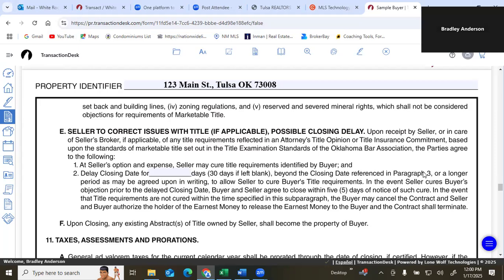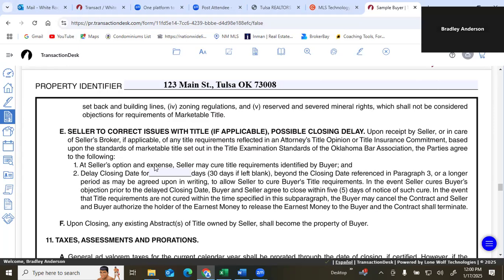So then it goes on to say, paragraph 10E, seller to correct issues with title, if applicable, and there might be a delay in closing. Upon receipt by seller or in care of seller's broker, if applicable, of any title requirements reflected in an attorney's title opinion or title insurance commitment based upon the standards of marketable title set out in the title examination standards of the Oklahoma Bar Association, the parties agree to the following.